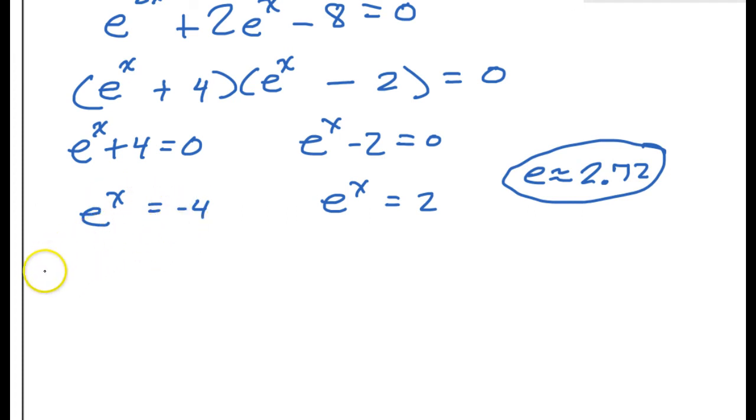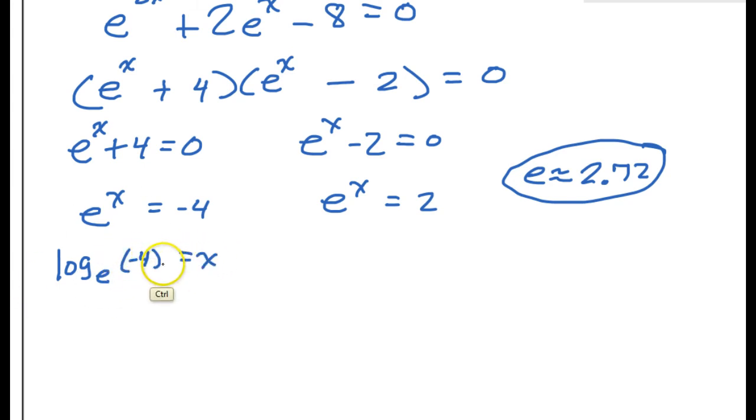Thinking of it another way, how could I rewrite this in log form? This is an exponent form. You know how we switch the things around? So if I were just doing this blindly, I would do log base e, and then the negative 4 would come over here, and the x would go over there.